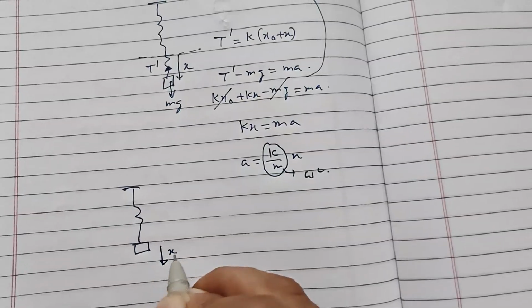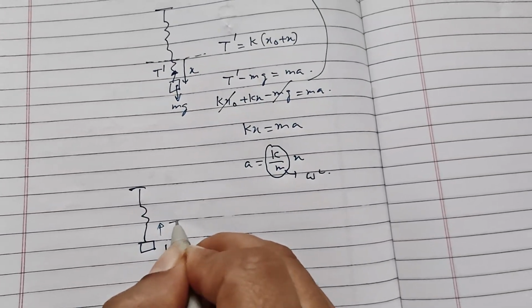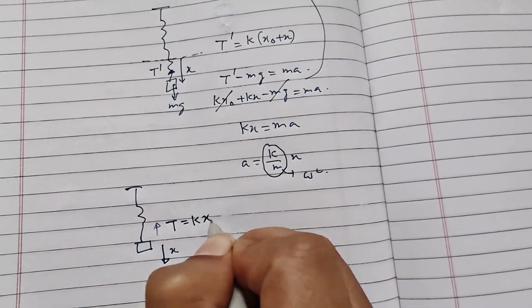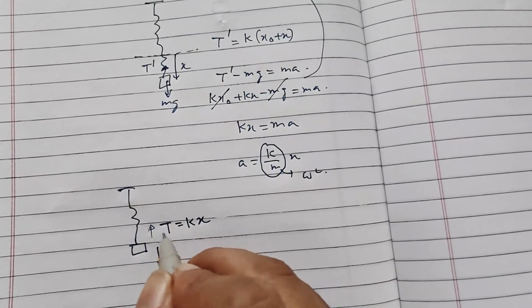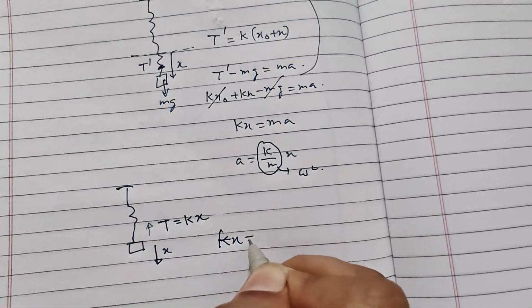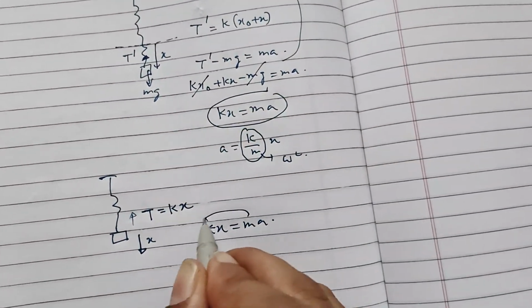Due to this extra displacement, there will be an extra force. That extra force we will write as kx. This is the spring force which is extra. That extra force will result in acceleration ma. So you will get the same equation here.